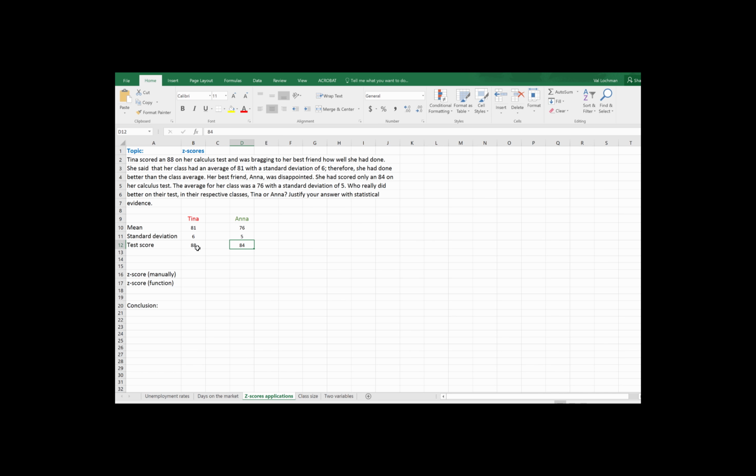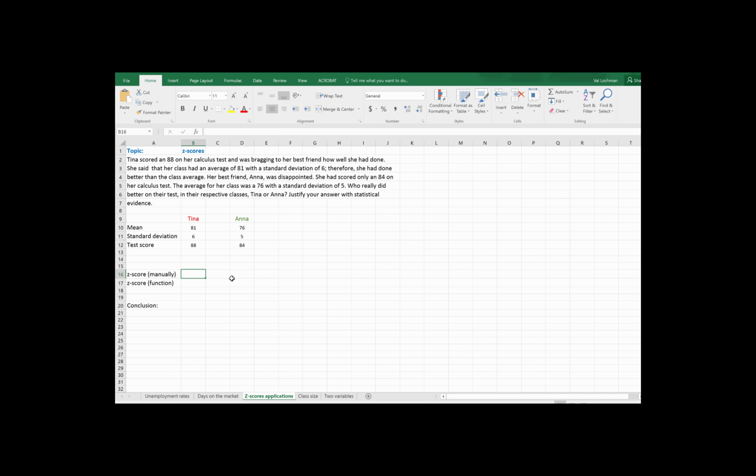Her raw score is lower than Tina's, and that's why she was upset. But they're in two different classes, two different courses, so the test might be different, right? So whenever you have a situation like this where raw scores cannot really be compared, but rather we can compare the value relative to the rest of the group in this class, then we're going to be using z-scores.